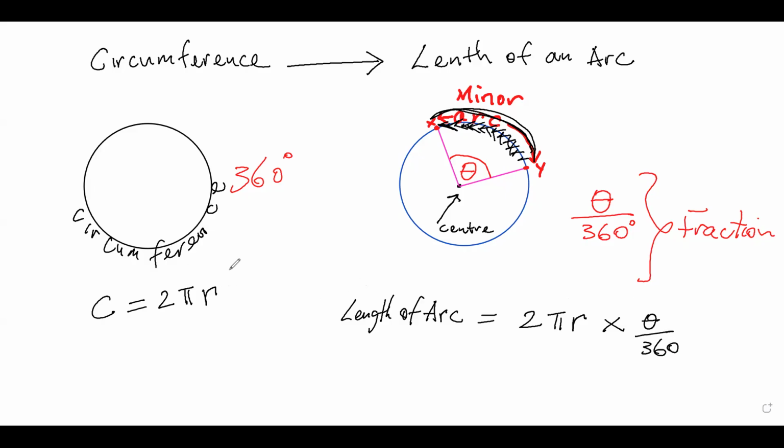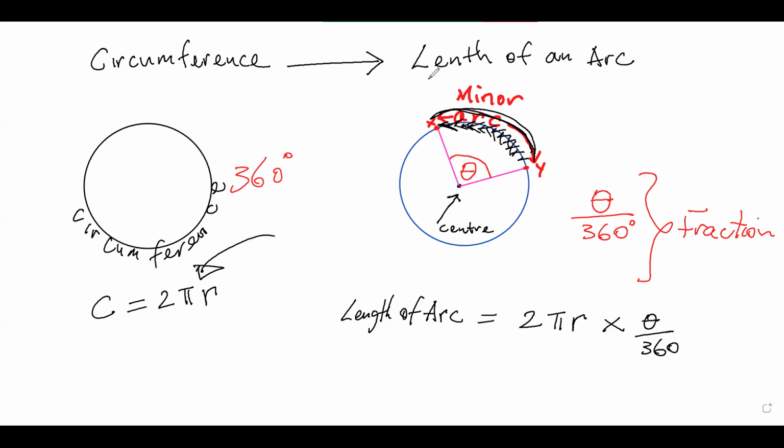I was dealing with the circumference, which is 2 pi r, but because I'm looking at only the arc, that's a fraction of the whole. The whole is 360. A fraction of the whole would be theta over 360.